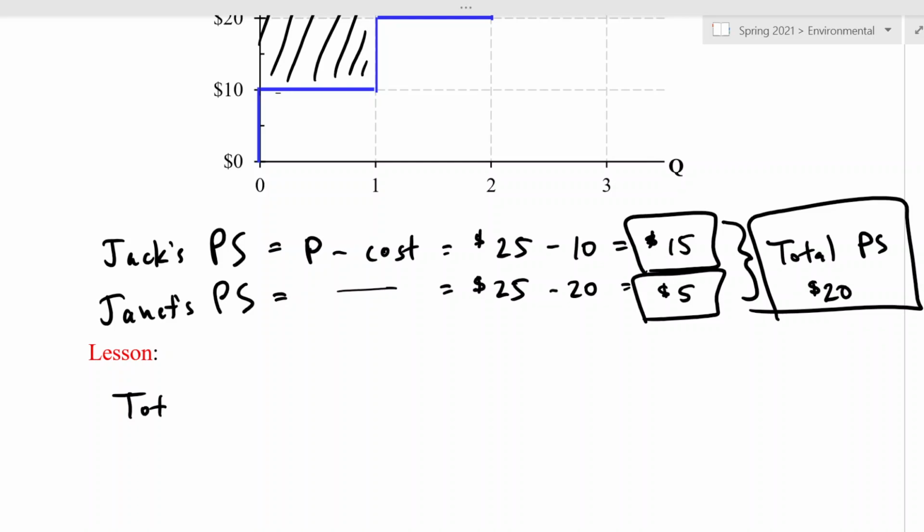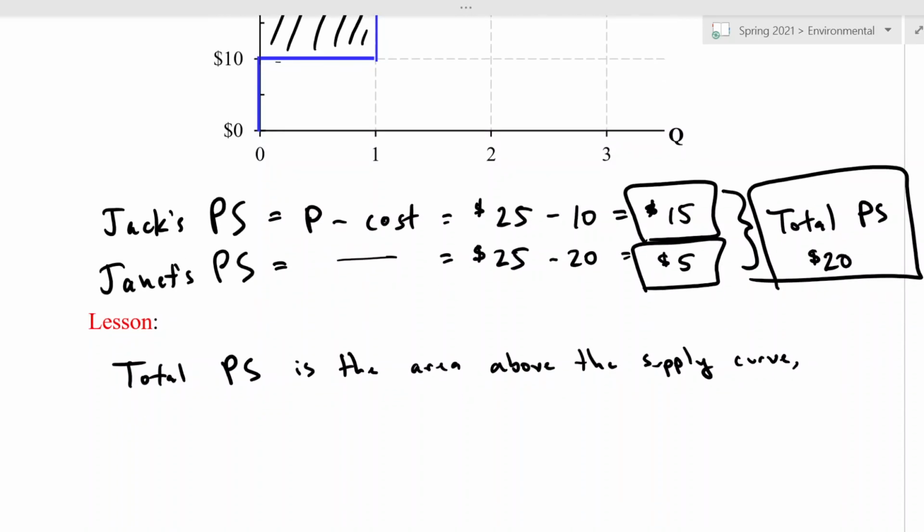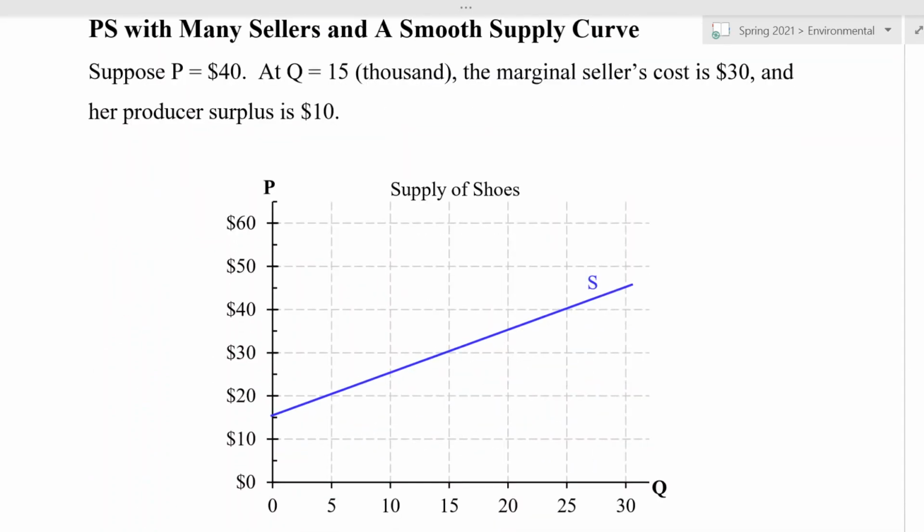So the lesson here: total producer surplus is the area above the supply curve, under the price, from 0 to the quantity supplied.